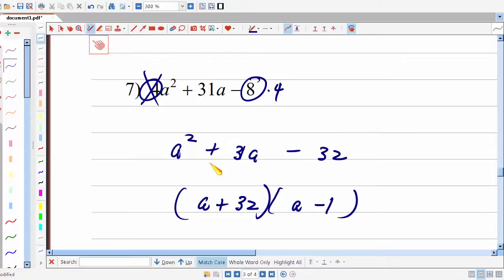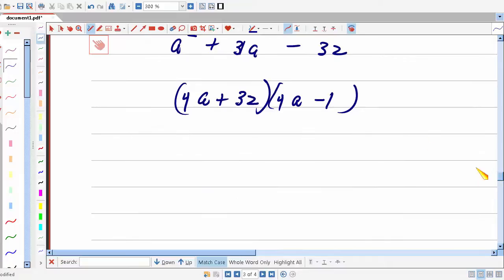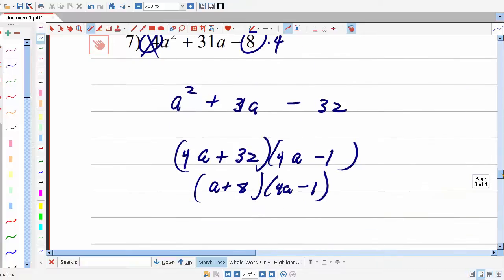Now I take the 4, put it back in there, and divide out any common factor. And that is my factored form.